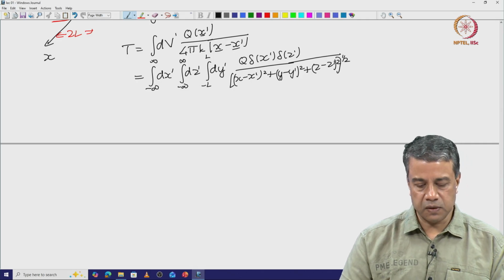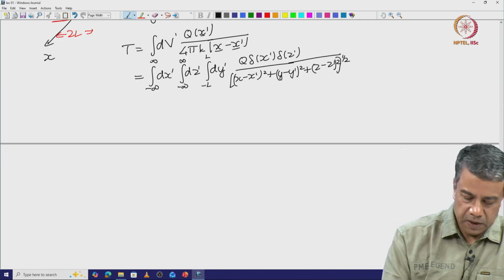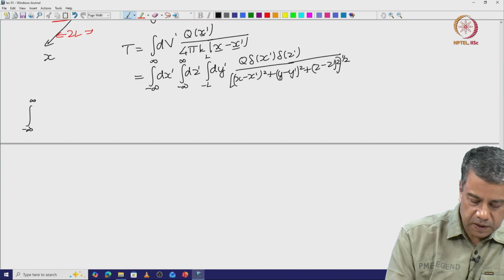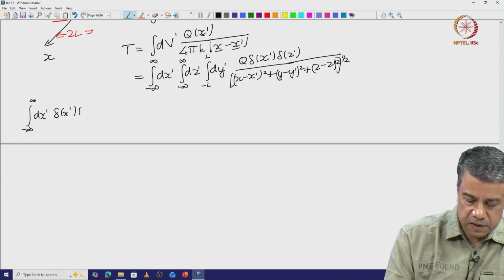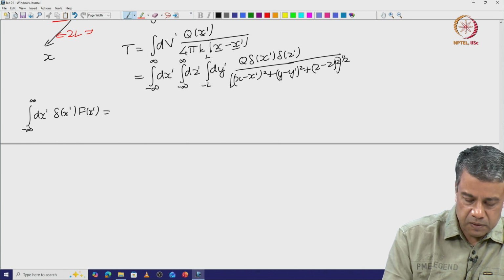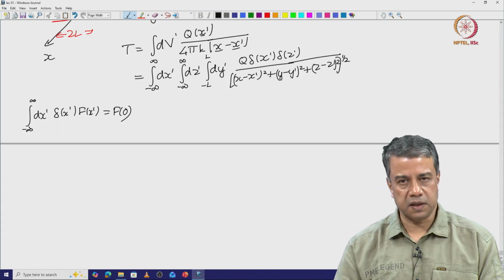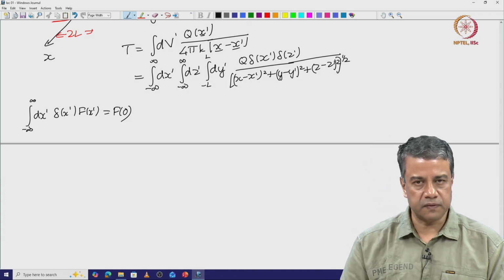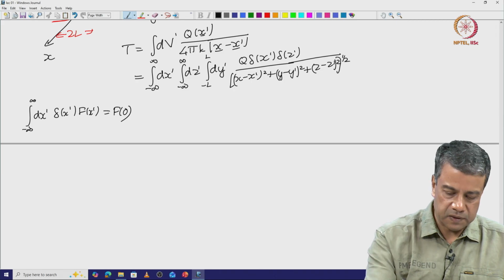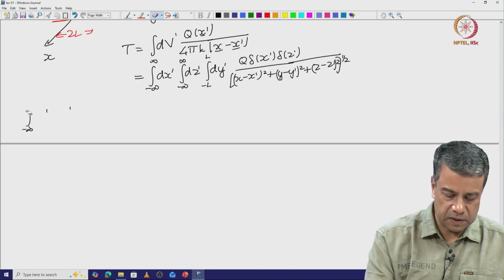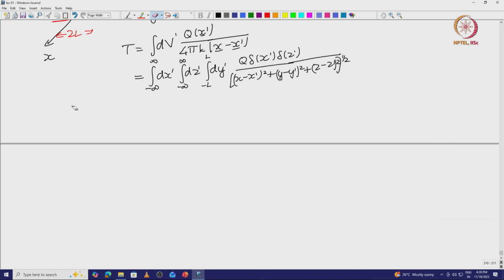Integral minus infinity to infinity. Note that integral minus infinity to infinity dx prime delta of x prime times any function of x prime is equal to the function at the location x is equal to 0. That is the fundamental property of the delta function. Similarly for z. So, I can remove the integrals and the delta functions and just evaluate the function at x prime is equal to z prime is equal to 0.